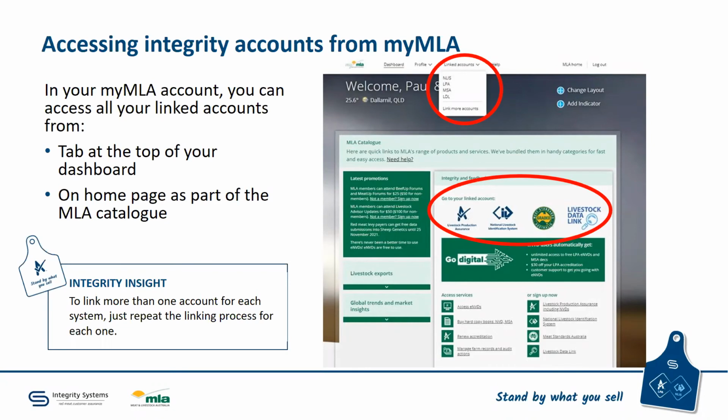So you just need to repeat that linking process for each one. And then when you go to enter that program, it's going to then say which PIC are you trying to work with today. Of course, with NLIS, within your account, you can work with more than one PIC. So generally, you only need to have that one NLIS account.